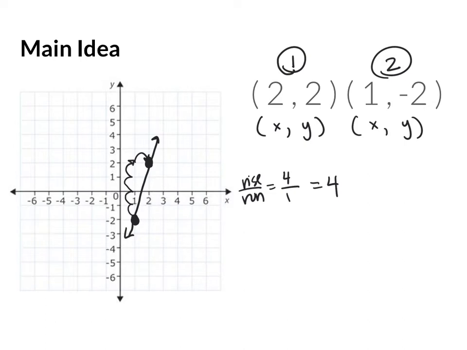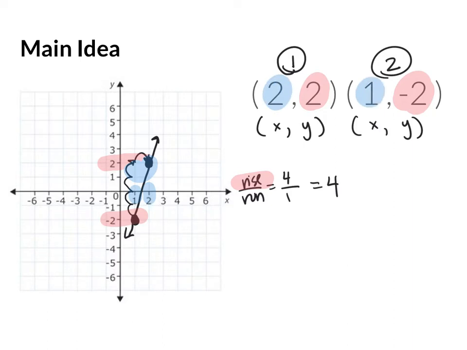Now let's figure out what we're doing when we are calculating the rise. The rise is the difference between this value and this value, or the difference between my y's. And then my run from here to here is my difference between my x values, the 1 and the 2, which are here and here.